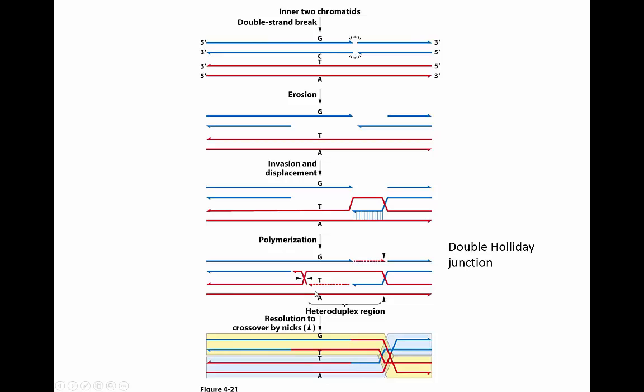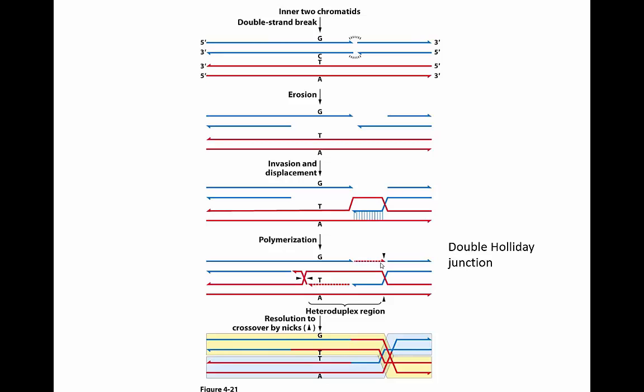At some point, these two strands hook up again, and so this one will actually get reattached up here. At the same time, this other one that was cut back is going to use this displaced red strand as a template to synthesize a new strand. And so here, this dotted line is a new strand, and then this one eventually will get attached onto this one.